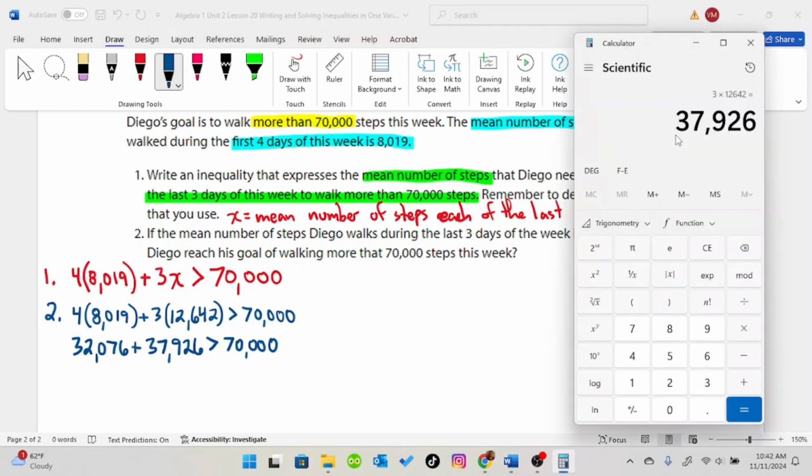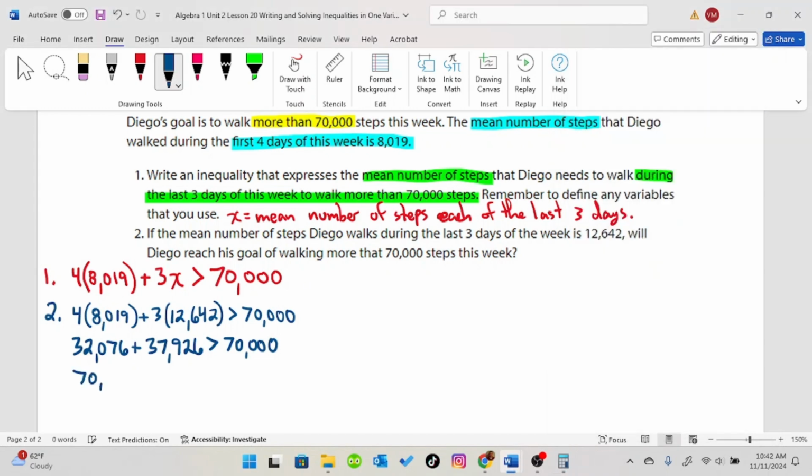If I add the 37,926 to the 32,076, I get 70,002 steps. That is greater than 70,000 steps.